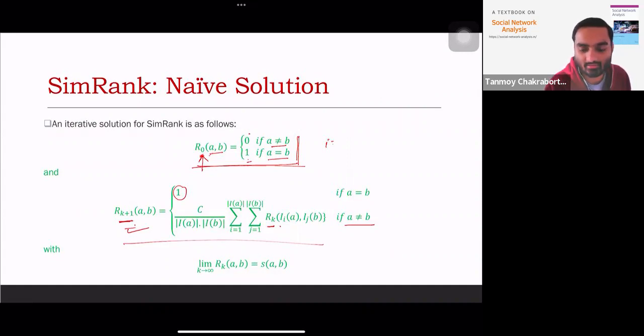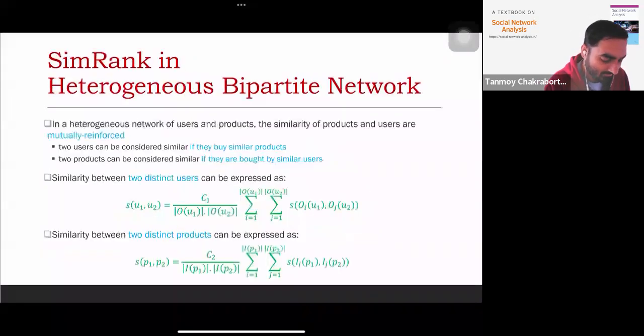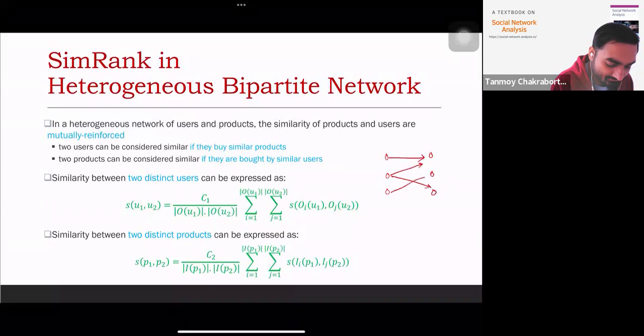of neighbors or any types of objects, right? Now let's assume that you also know the types of objects. Let's assume that it's a user product bipartite network. You have users, you have products, and if a user has bought certain products, you can see a directed link.